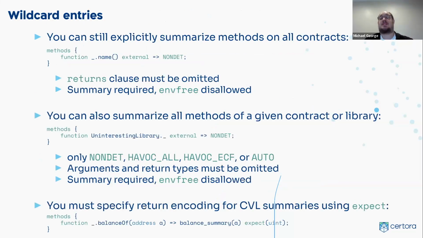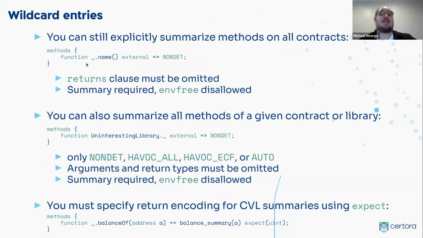The other thing I want to mention is, as I said before, in CVL1, if you wrote a methods block entry, it just applied to every method that had that name and those arguments. And while CVL2 doesn't work that way, that's still a useful feature to have. So in CVL2, you can still get that behavior, but you have to ask for it explicitly. And the way you do that is with what we call a wildcard entry.